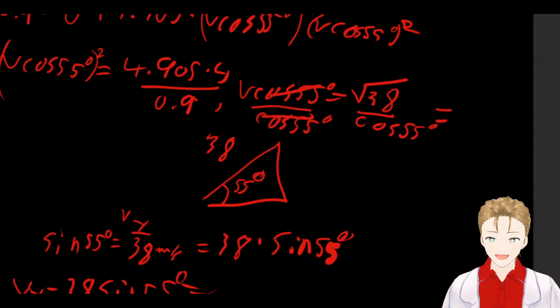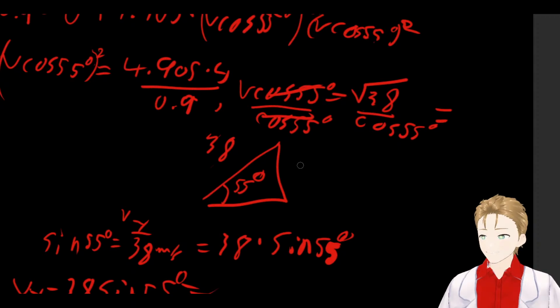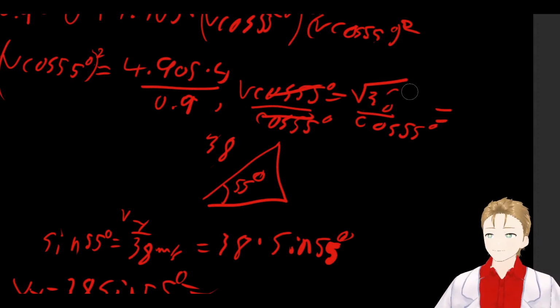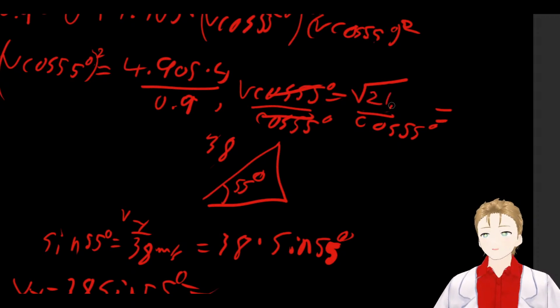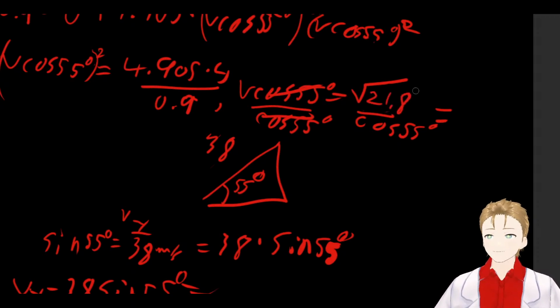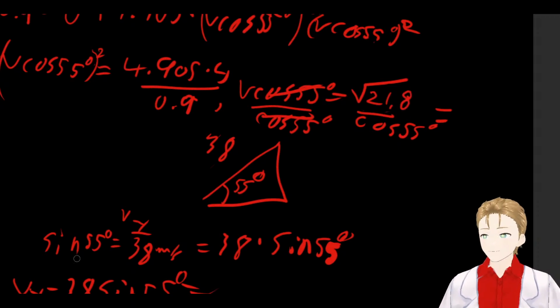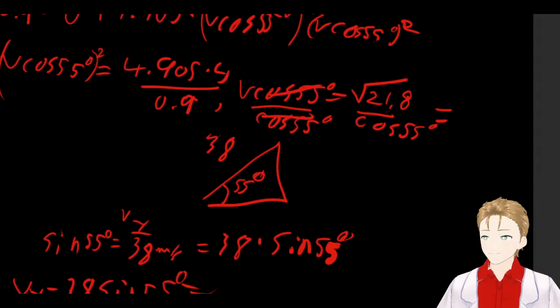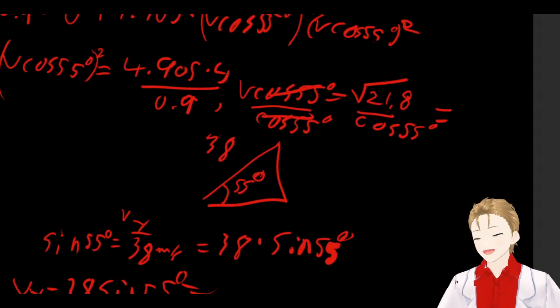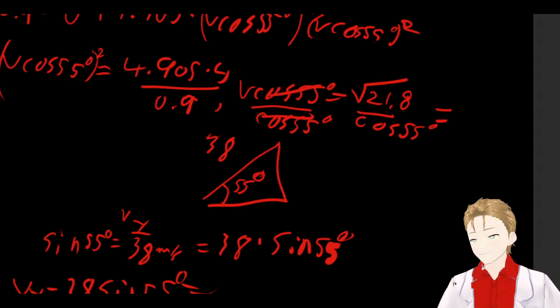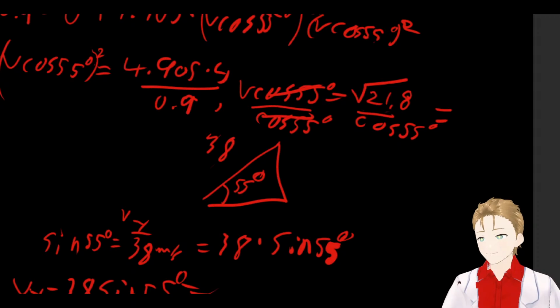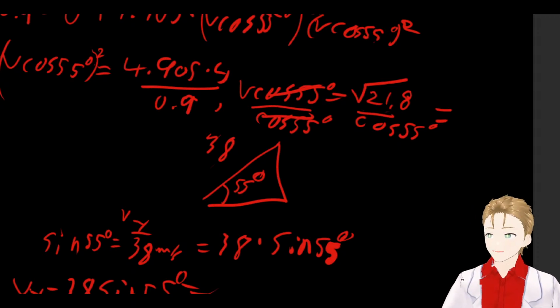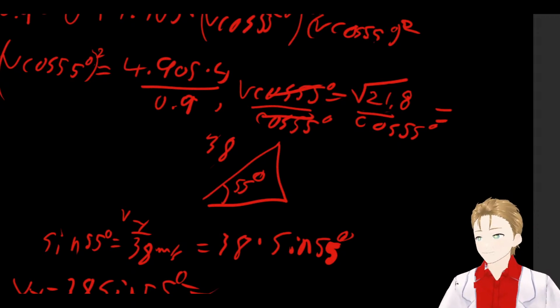Yeah, that's 21.8. Could be 21.8. 38 was if I used cosine already. Wait, what do I get? 21.8. No. What's the square root of that? And then divided by cosine of 55.